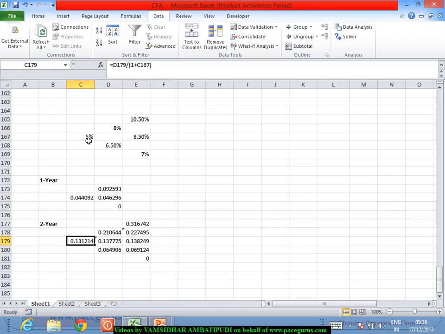So the 2-year caplet is having a worth of 0.13. The 1-year caplet is having a worth of 0.04 million. So when I talk about a 2-year cap, the worth is this plus this. That is the worth of 2-year cap.